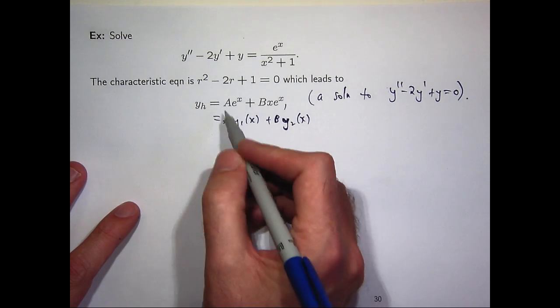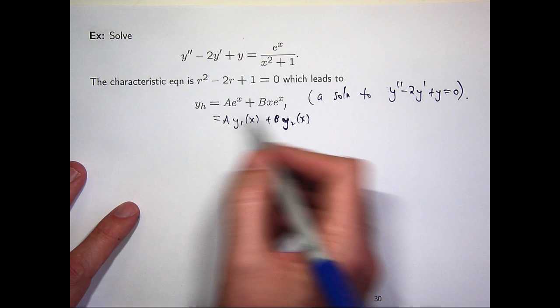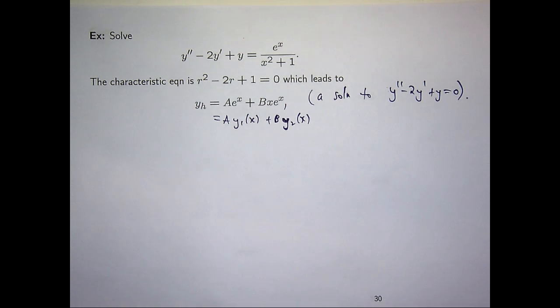Now let's have a look at the Wronskian for these two functions. We already know that they're linearly independent, but we need to calculate the Wronskian if we're going to use it in our variation of parameters formula.